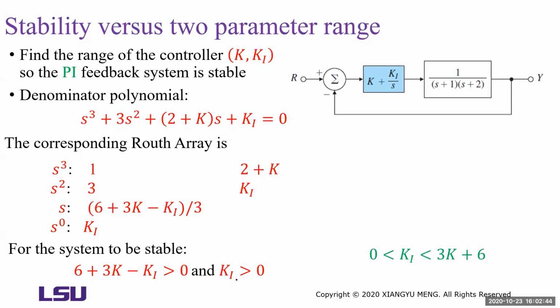It shows Ki. We can pick Ki first. Ki needs to be greater than 0. Then we can pick K. Then 3K plus 6 needs to be greater than Ki. Then we know the closed loop system is stable.